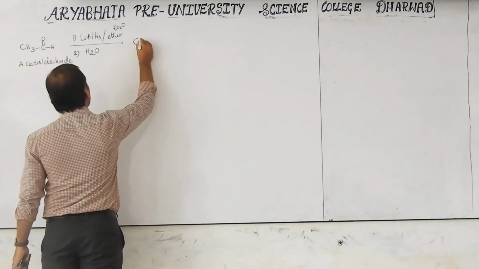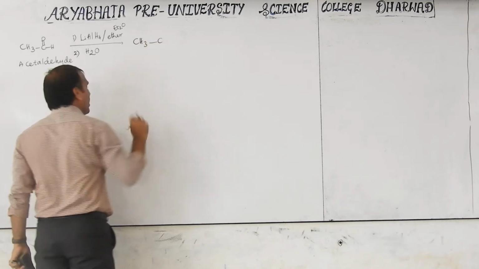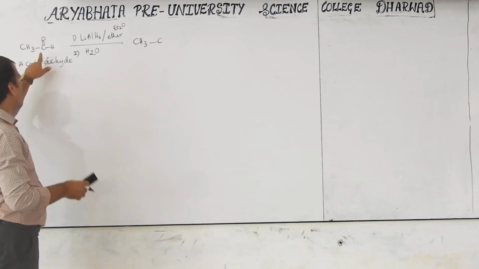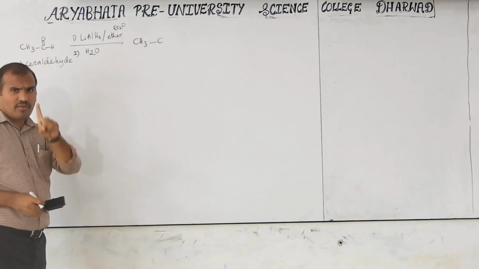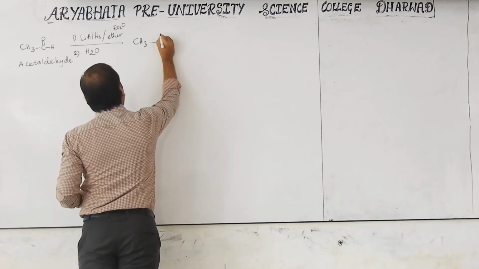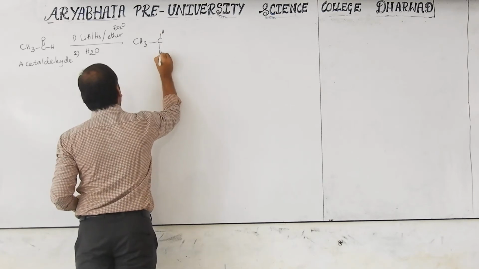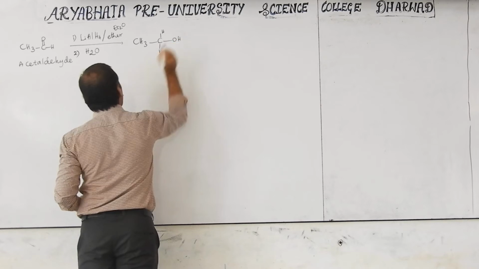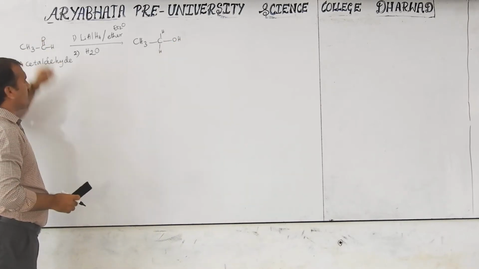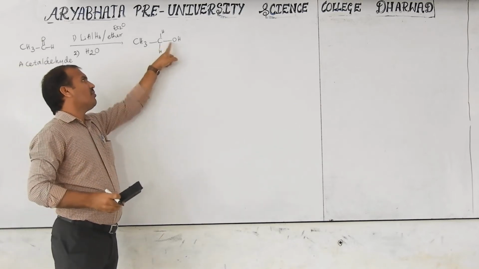Now keep in mind C=O reduction. Here is a double bond, and in this carbon, how many hydrogens are there? One. See, H, OH. At this carbon, one H is there, one oxygen is there.